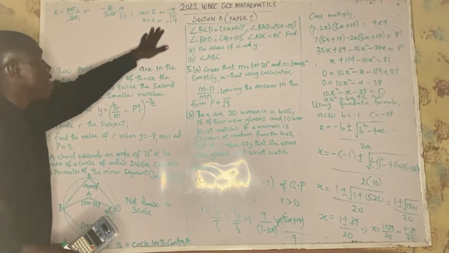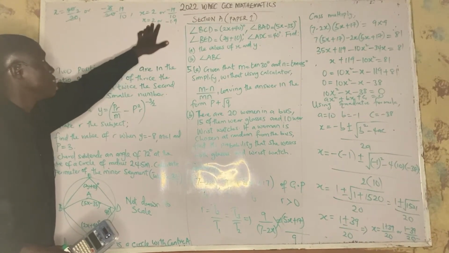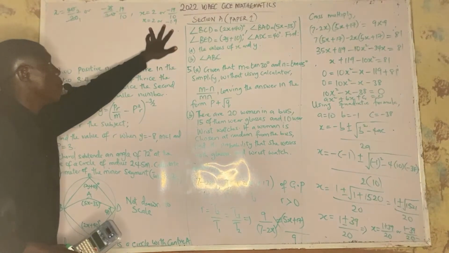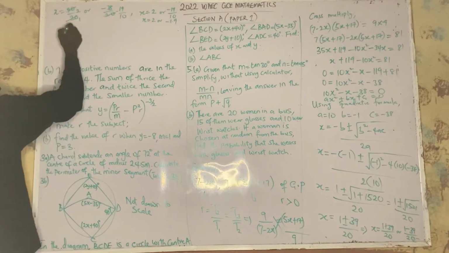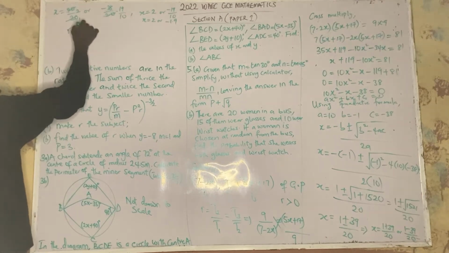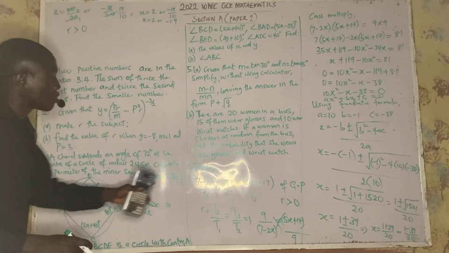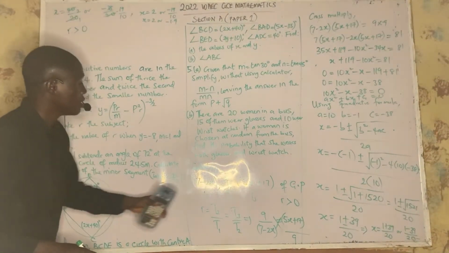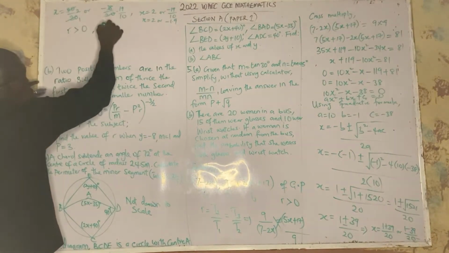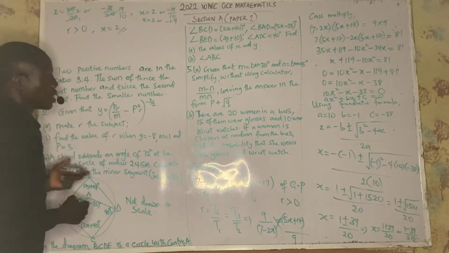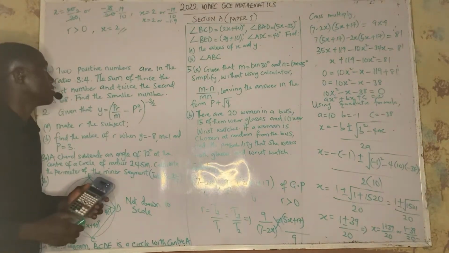If r is supposed to be greater than 0, then our value of x will be equal to 2.